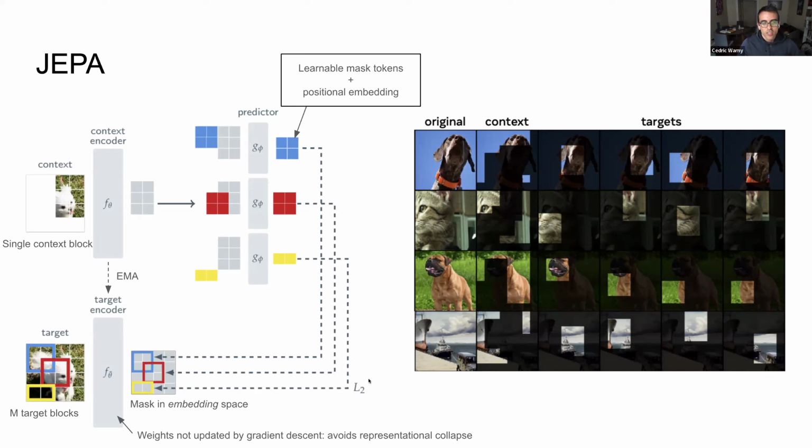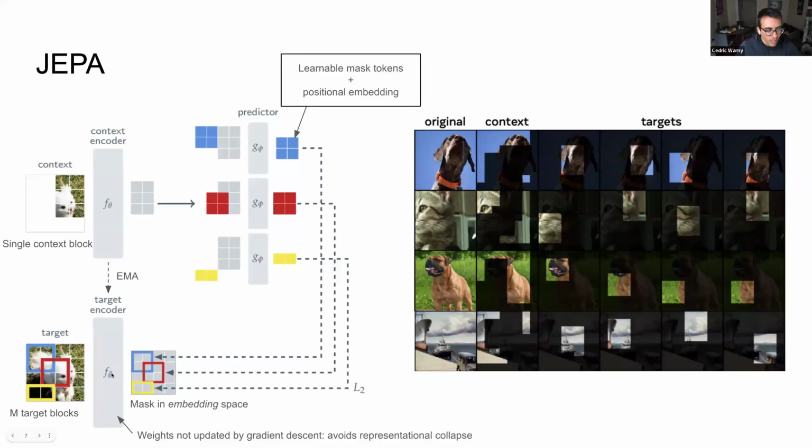Yeah, and then the distance that you're trying to minimize is the L2 distance between those two embeddings. And as I mentioned, this encoder here is not actually trained. You simply take the exponential moving average of the weights of the context encoder, and you make that the weights for your target encoder.